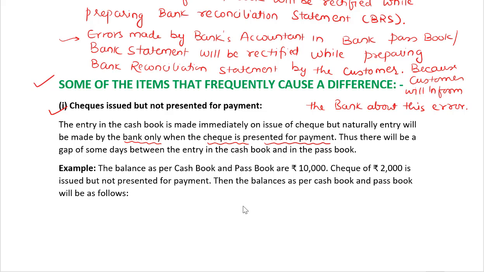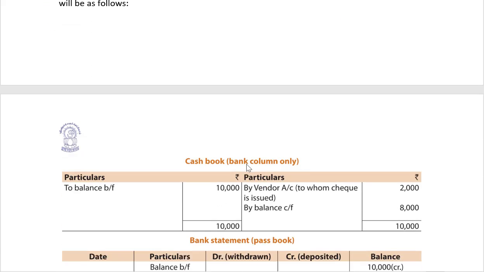Thus, there will be a gap of some days, say for example 3 days, between the entry in the cash book and entry in the passbook. I'll quote an example.